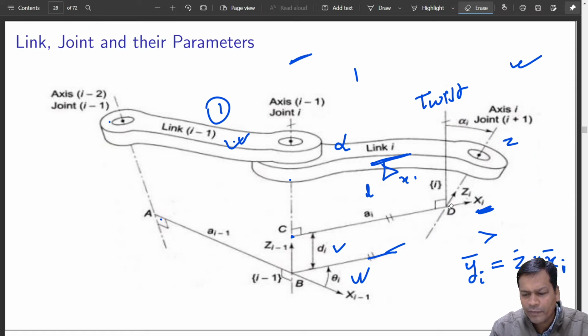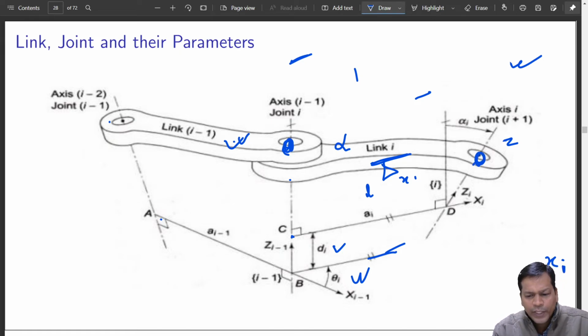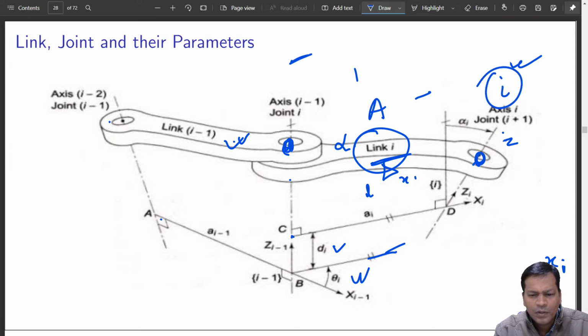One of the frames is fitted here, another one is here. So the DH transformation will basically be a link transformation matrix that represents the ith frame with respect to the i minus 1th frame.